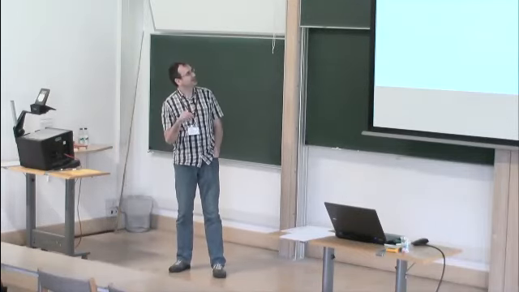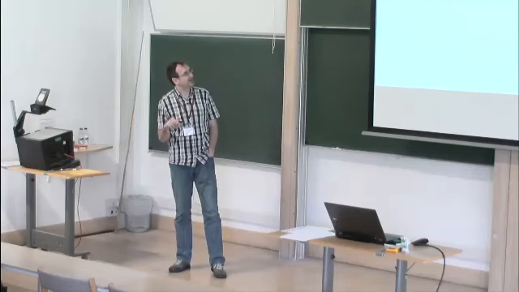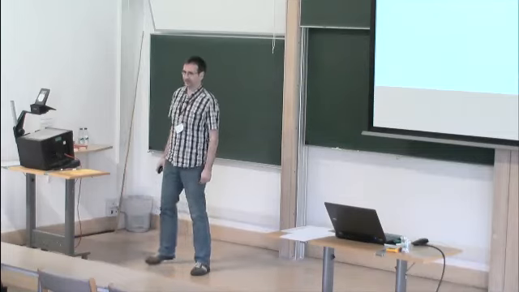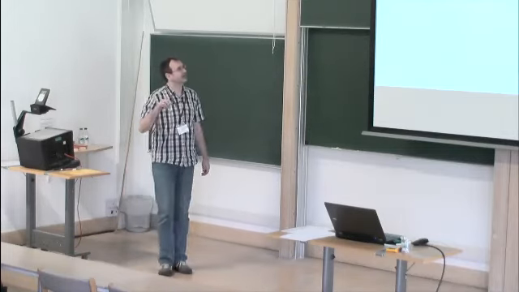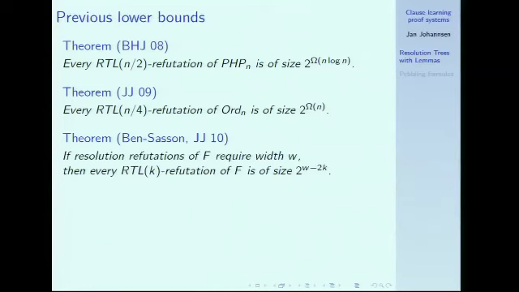We were able to show that every formula which requires large resolution width is hard to refute if you learn only short clauses. So if you require resolution width, that means every resolution proof requires a clause of width W in it, then every RTL-k refutation is of this exponential size in the width. So this generalizes this.